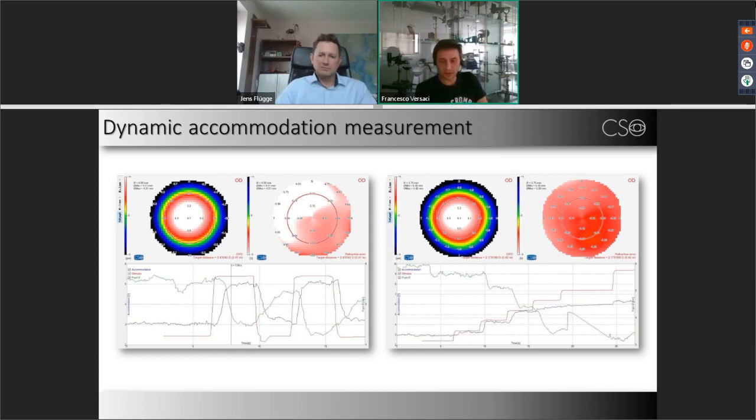So this is to check how many diopters of accommodation I can provide. Usually, the one with a square wave is used to measure the delay of the patient in accommodating and deaccommodating, and the one on the right is used to check the residual accommodation.